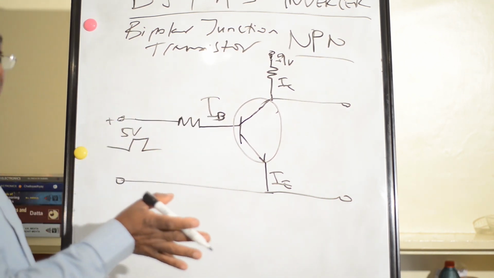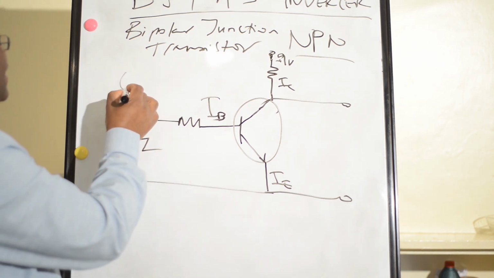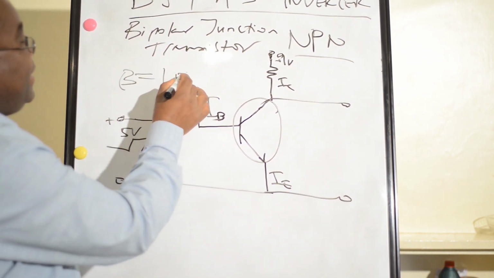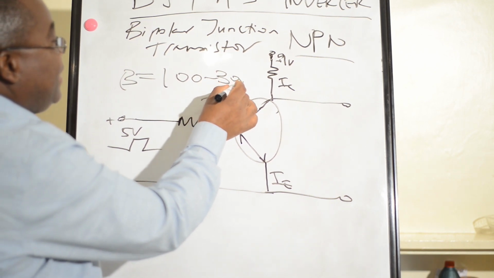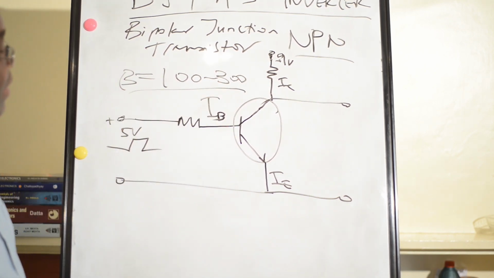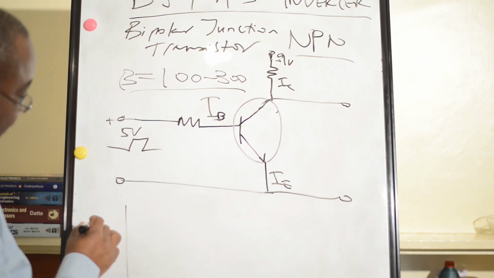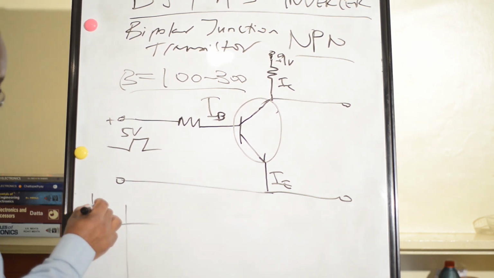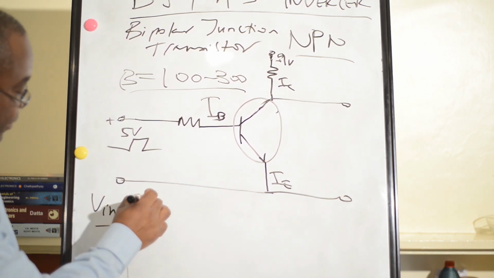Normally in an NPN bipolar junction transistor, the beta ranges from 100 to 300. So let's see our BJT as an inverter. Let's have a chart here, V in and V out.